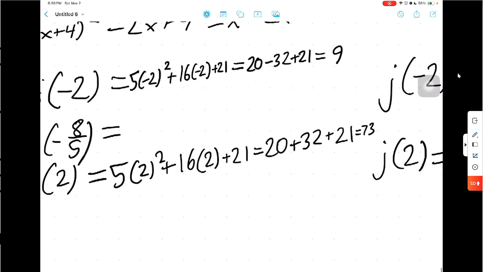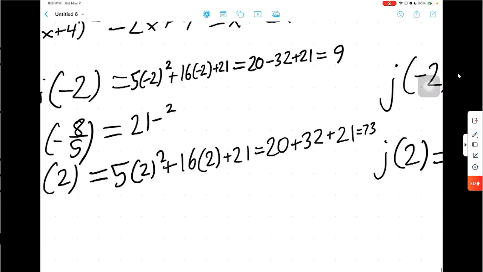I don't have to calculate that, because it's not even close to anything we have.